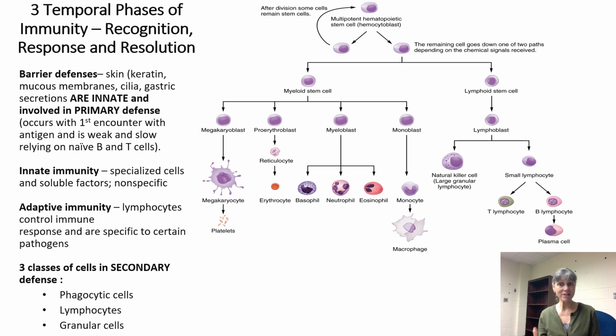But then we also have adaptive immunity, and our lymphocytes are really important in controlling our immune response. Adaptive immunity is where we have specificity to certain pathogens or antigens. There are three kinds of cells involved in secondary defense, which is adaptive immunity: phagocytic cells, lymphocytes, and granular cells.